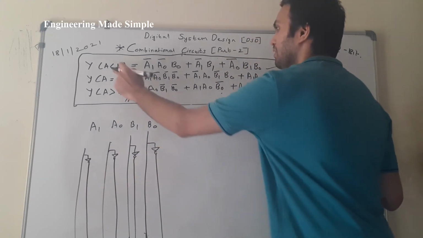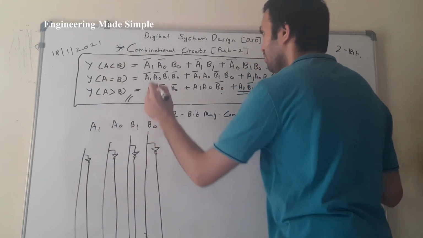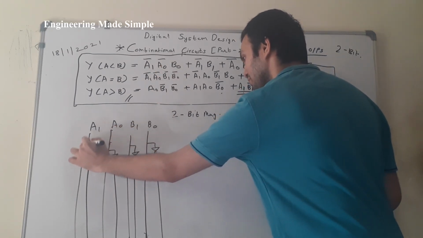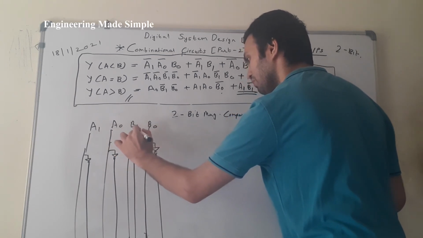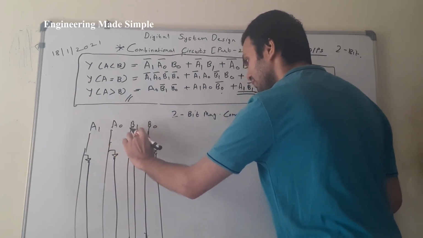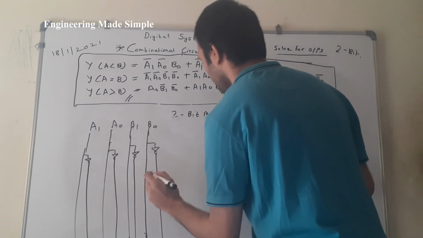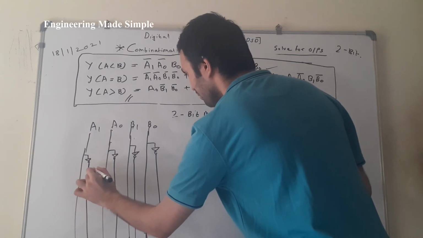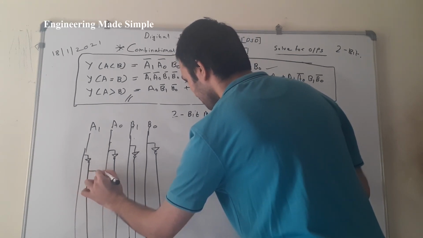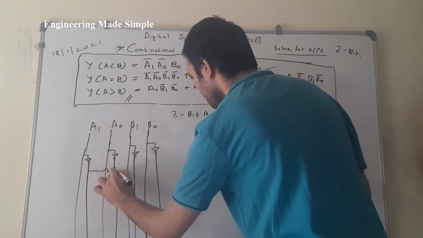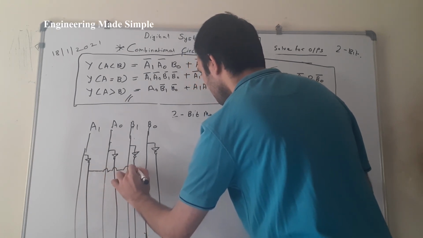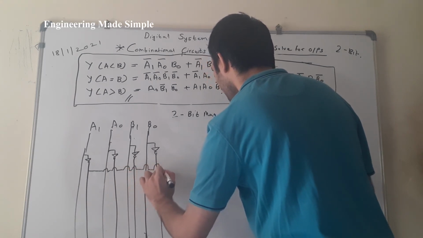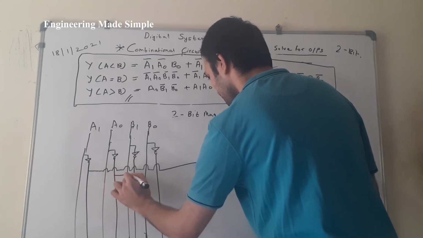So now the first equation, for Y for A less than B. So what is this? A1 bar, A0 bar, B0. So let us tap the output over here. So A1 bar, A0 bar.